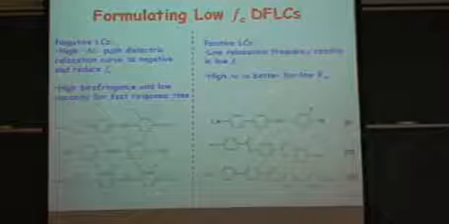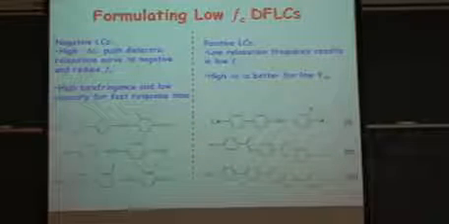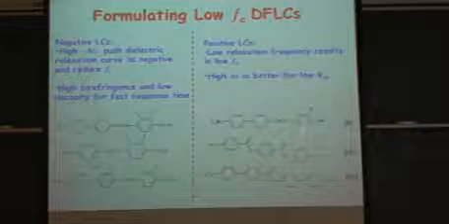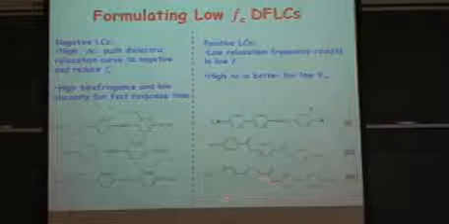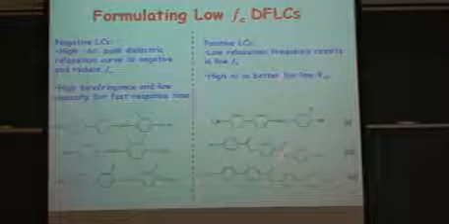Then for positive liquid crystal, this is the difficult part because there are so many molecular structures. We want to find one which has a very low relaxation frequency. So we have this structure, single ester, double ester, and this one. This one looks bigger because it has one more phenyl, right?